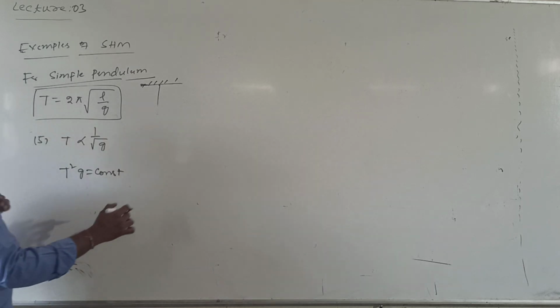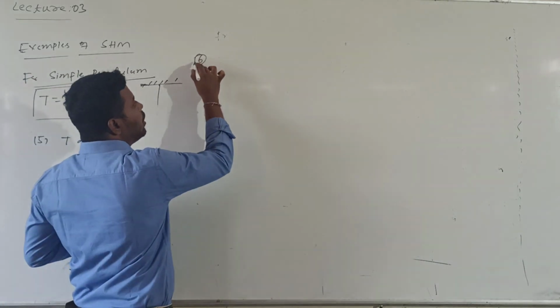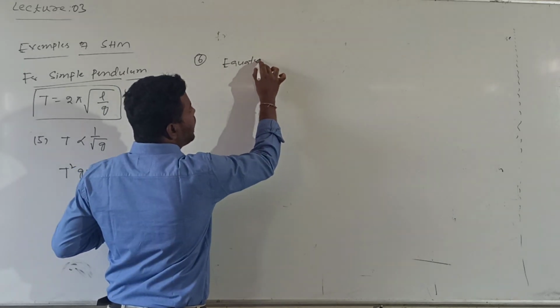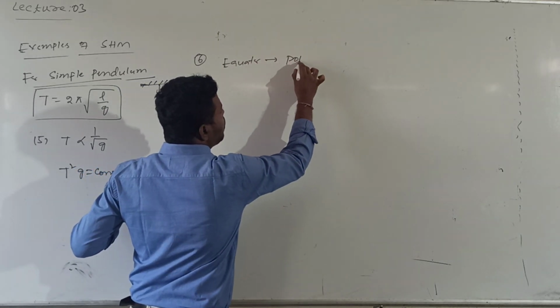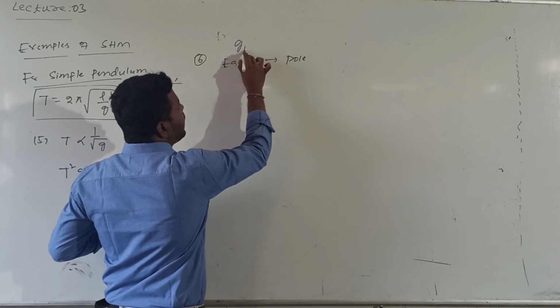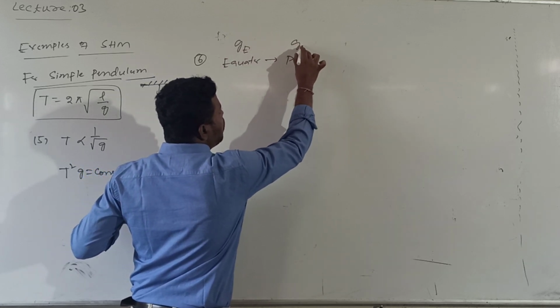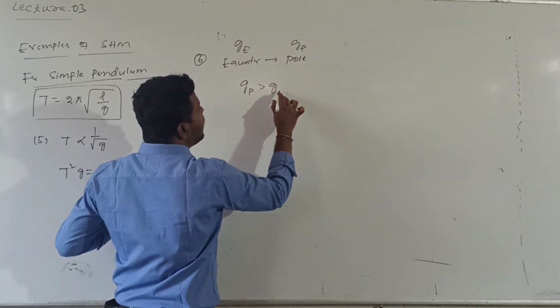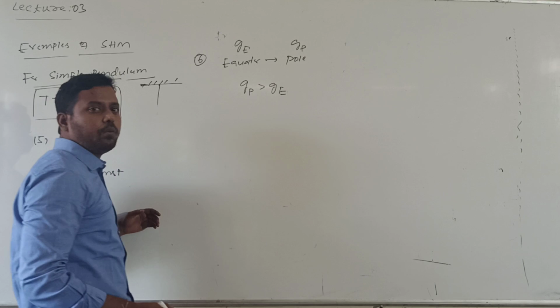So for example, if the pendulum is taken from the equator to the pole, you know that the acceleration due to gravity at the equator can be called g_e and at the pole g_p. The acceleration due to gravity at the pole is greater than at the equator.